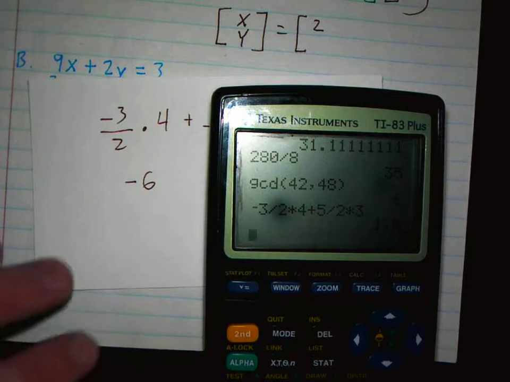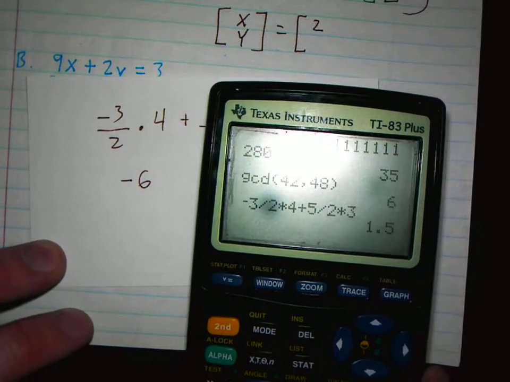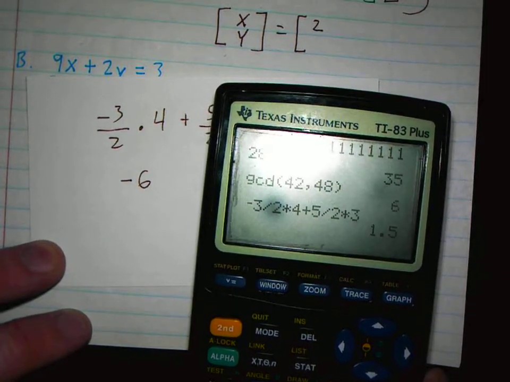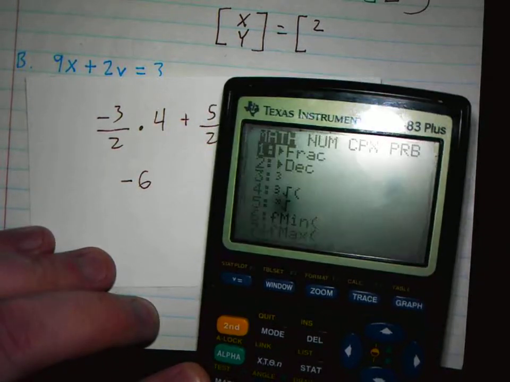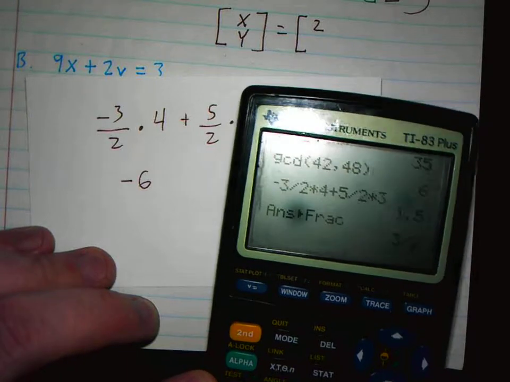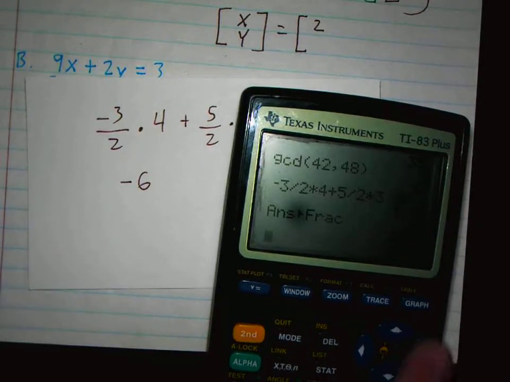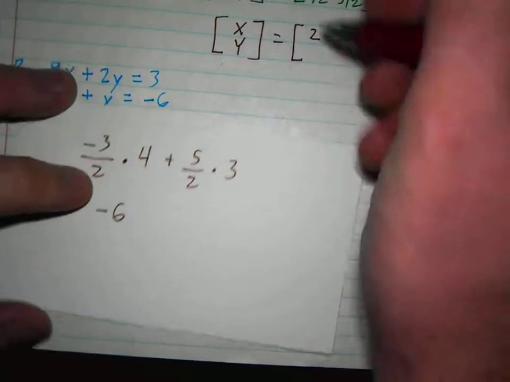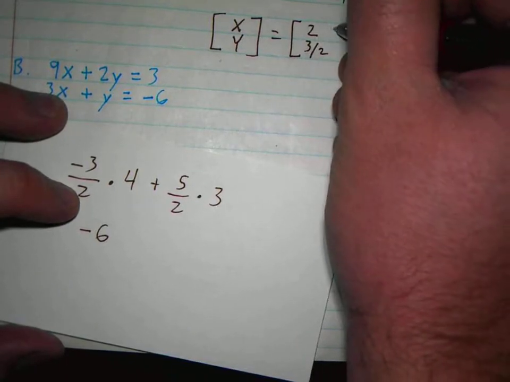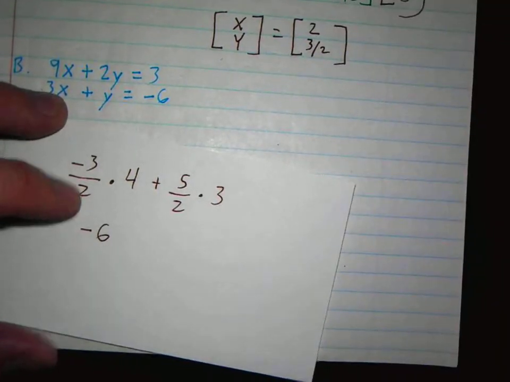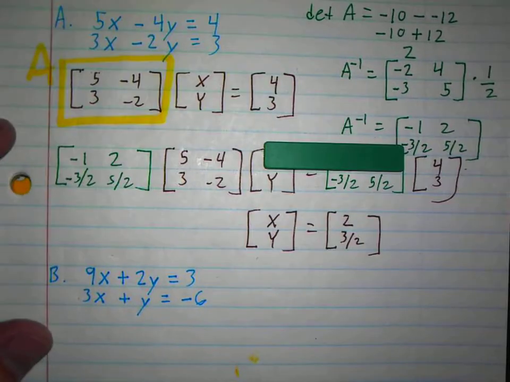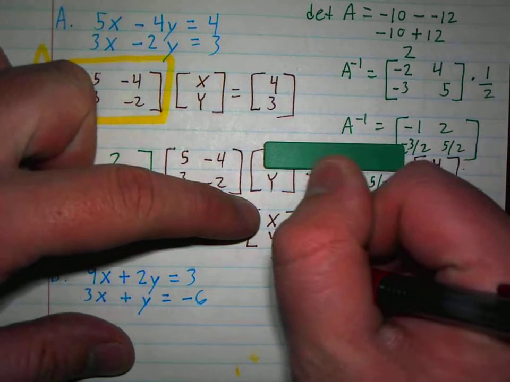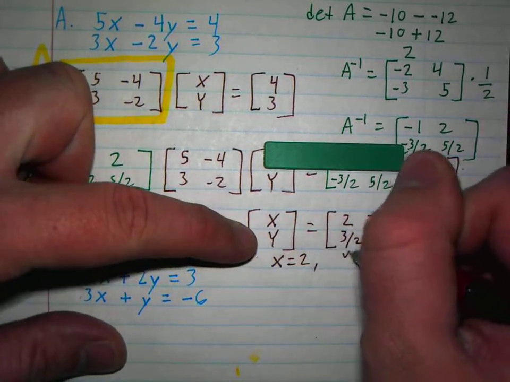Now I got 1.5. See how I did that? I just typed it in. And then you can even change it to a fraction if you really wanted to. Math, enter. We'll change it to a fraction, 3/2. So what that tells me is that x equals 2 and y equals 3/2.